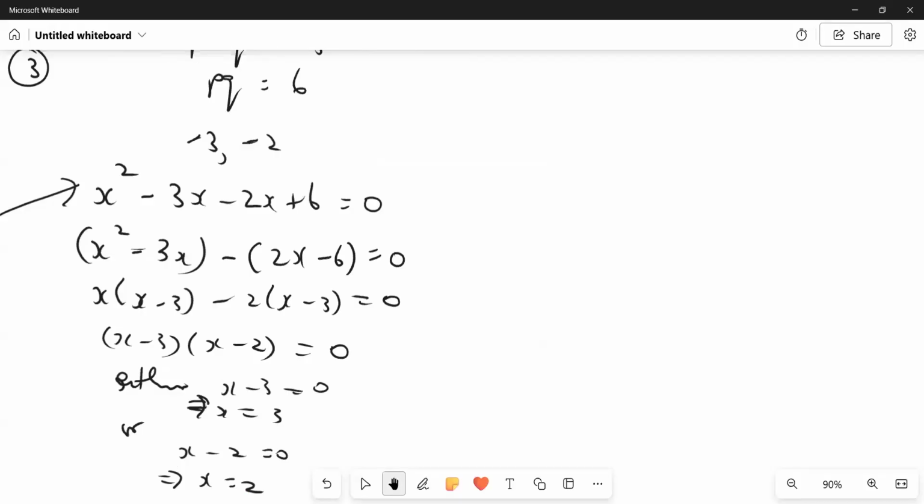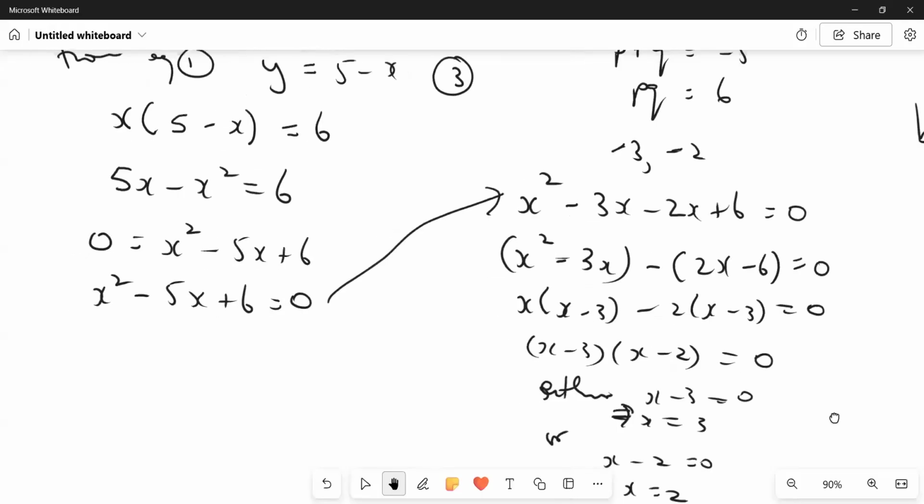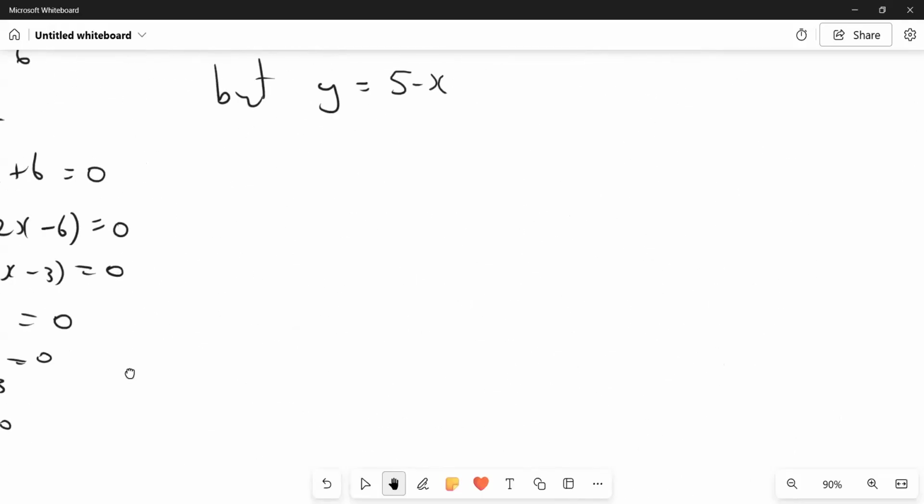So we got two values for x: we got 3 and we got 2. But remember, y is equal to, what was it? 5 minus x. Yes, y is equal to 5 minus x.